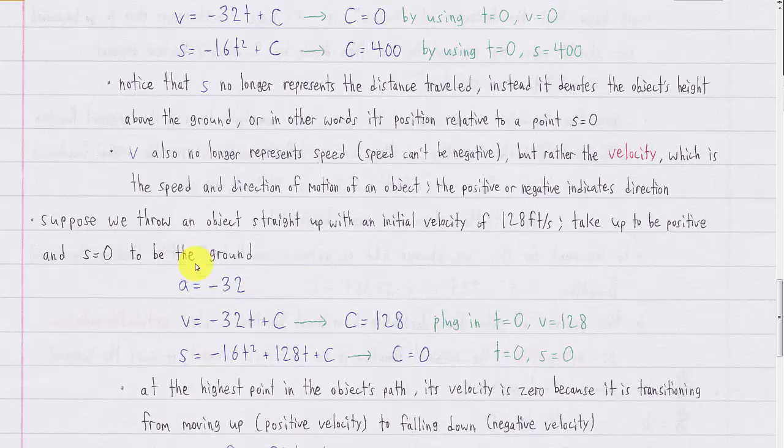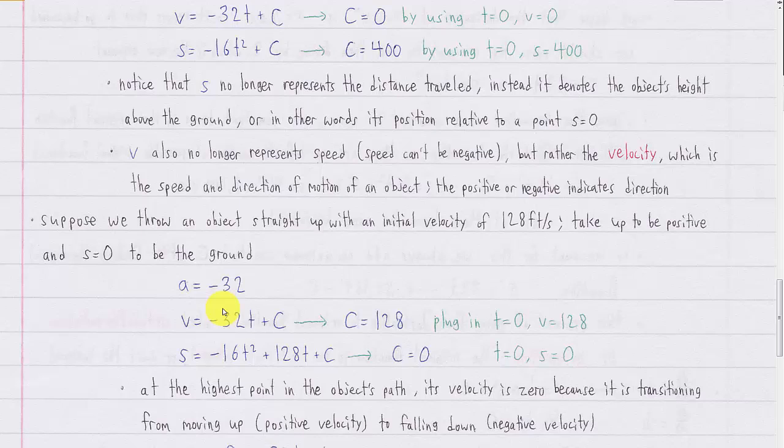So like always, we start with a equals negative 32, because it's only under the influence of gravity. And so integrating that, we get negative 32t plus c, and this time we have an initial velocity. When t equals 0, v equals 128. So c is going to be equal to 128 if we plug these initial conditions into this equation.